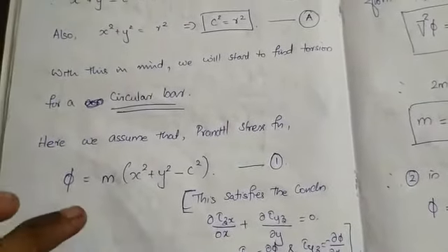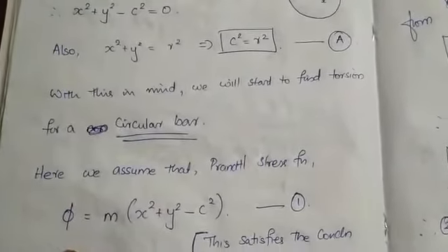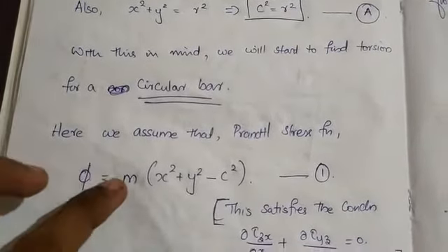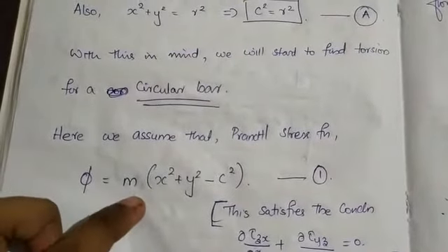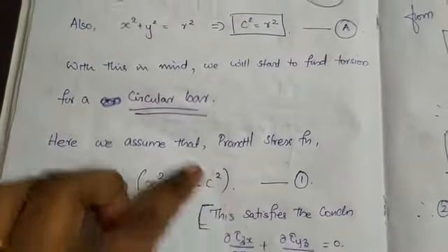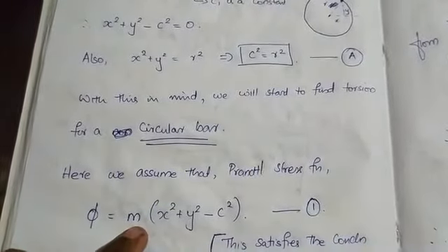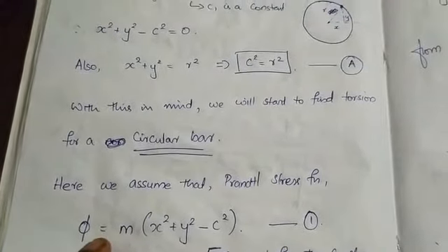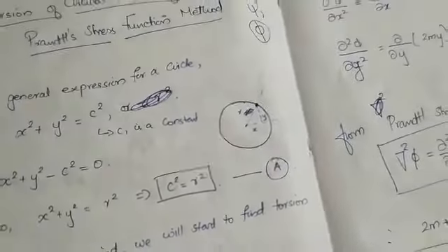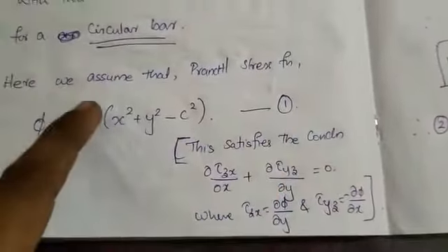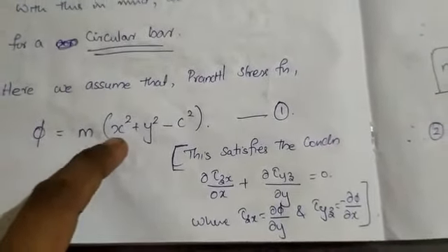For a circular cross section, phi is taken as m, a constant, into x square plus y square minus c square. If you do this, you will get this as 0.